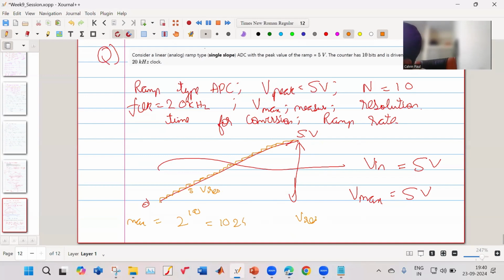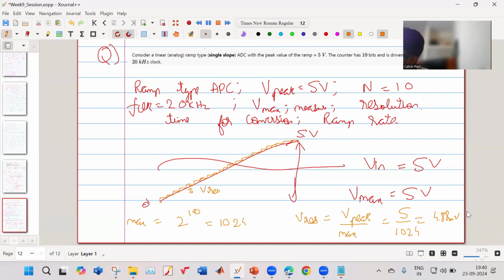Your resolution is V peak upon the maximum count, that is 5 by 1024. So that will be 4.88 millivolt.